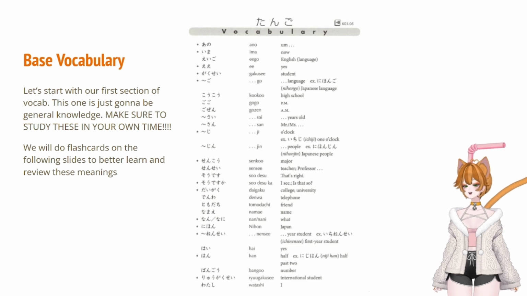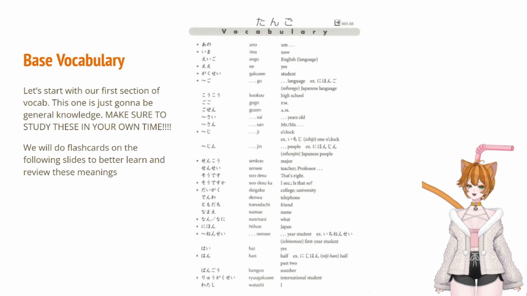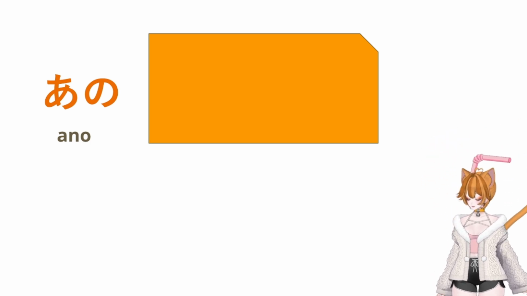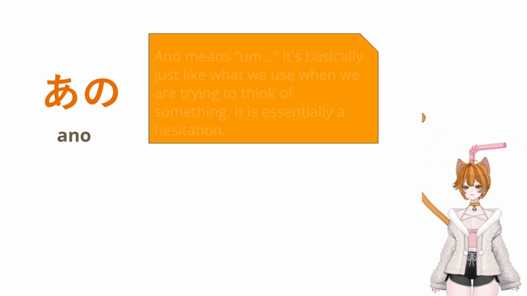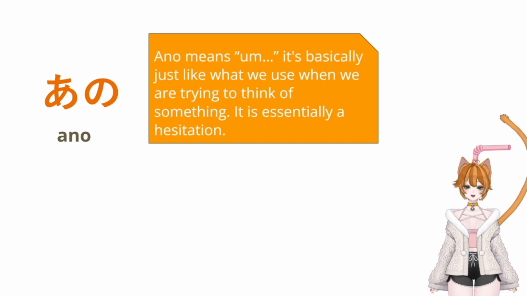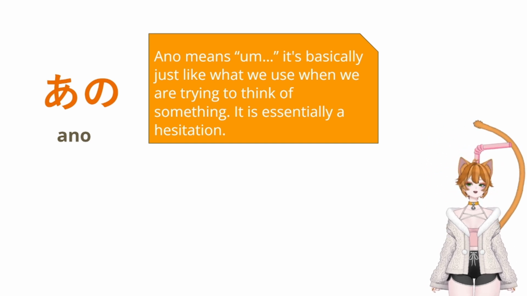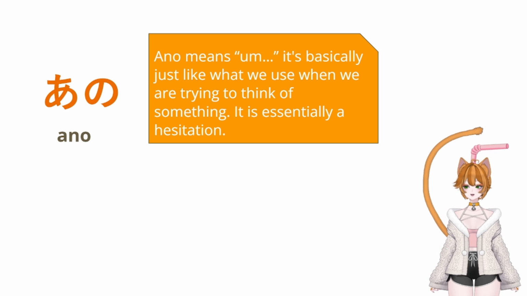So until we get there, let's go ahead and do some vocabulary. Our first one here is going to be ano. This is just what we use when we're trying to think of something. Whenever we have hesitations or pauses, we just use ano.